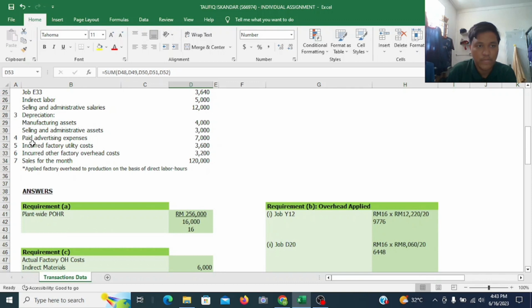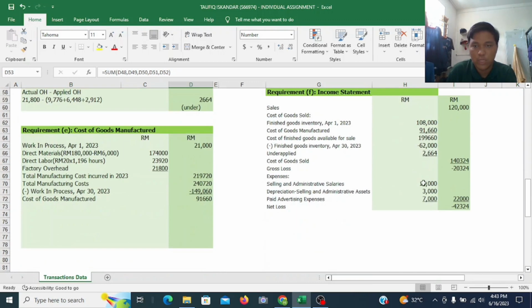We total these three items and get 22,000. So gross loss minus the total expenses, we get a net loss of 42,324.